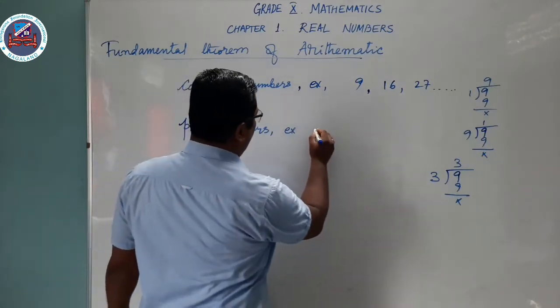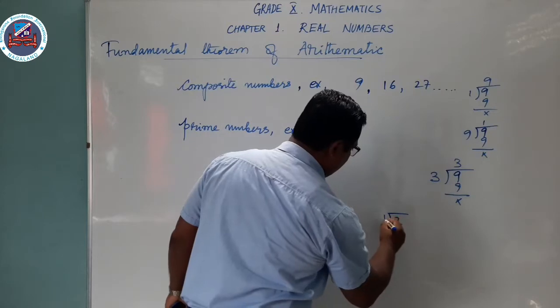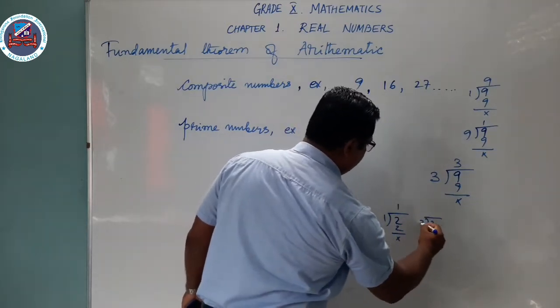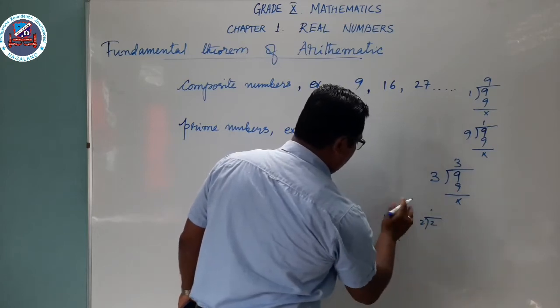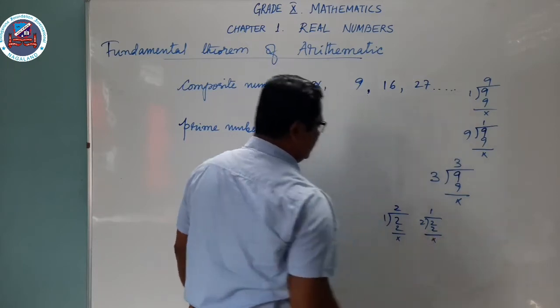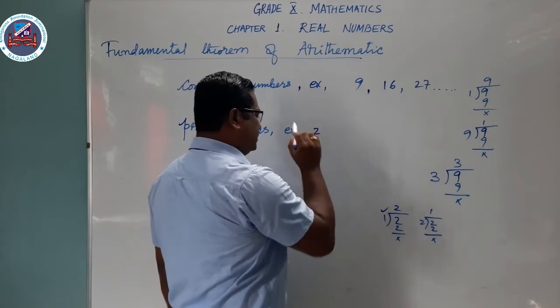Example say 2. I can divide 2 by 1, and 2 I can divide by 2 itself also. 1 twos are 2, 2 ones are 2. So we can divide only by 1 and by itself.